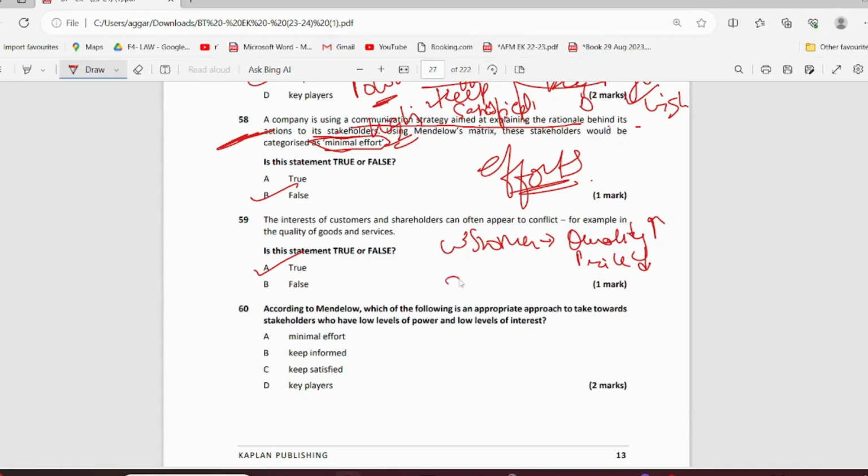But your shareholder, because he has to earn profit, would say to increase the price even if you have to decrease the quality. So here the price factor plays a role. That is the reason they have a conflict. This is an example I'm giving: they will want the price to increase, and obviously the profit will increase, right? So that is the reason they can have a conflict in the example of the quality of goods and services, right?